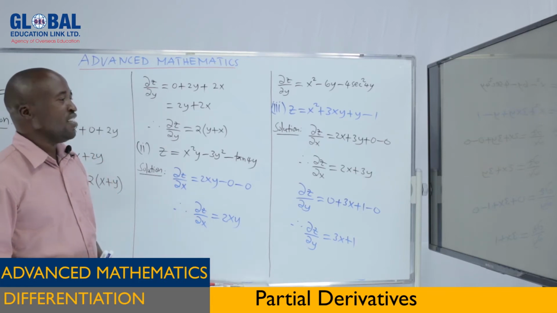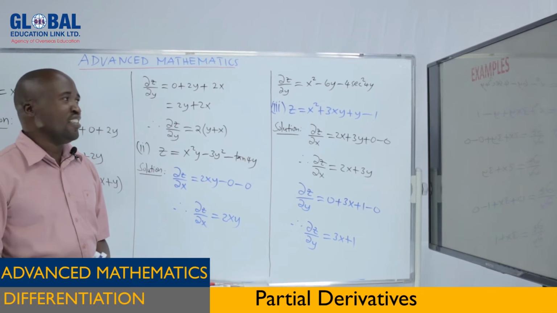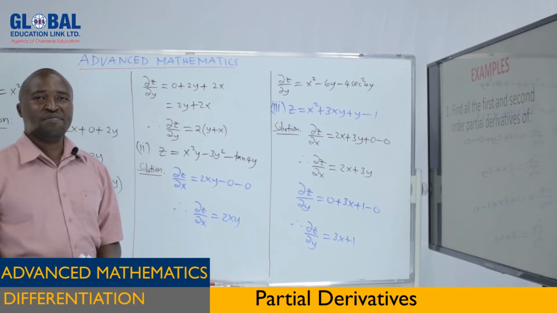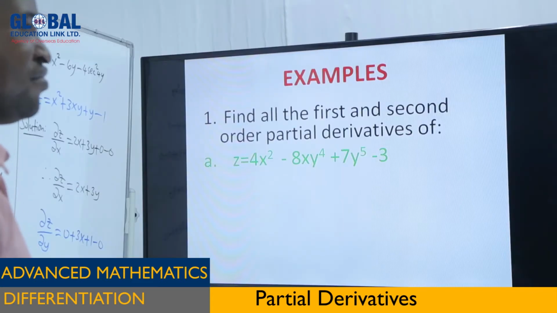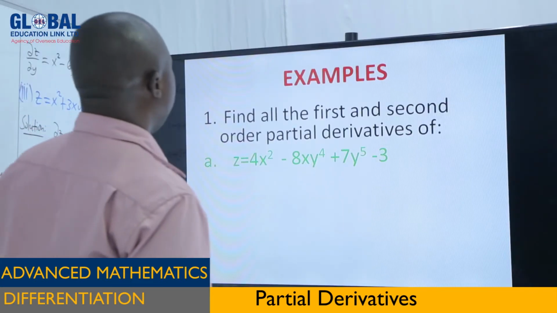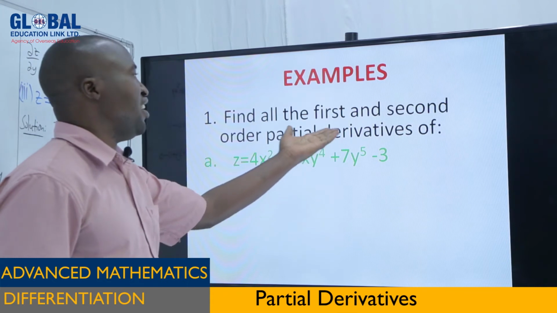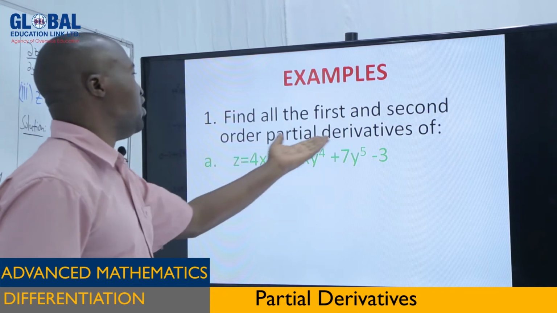So dear students, again, let us see some examples of finding second order partial derivatives. And in this case, we are supposed to find all the first and second order partial derivatives.